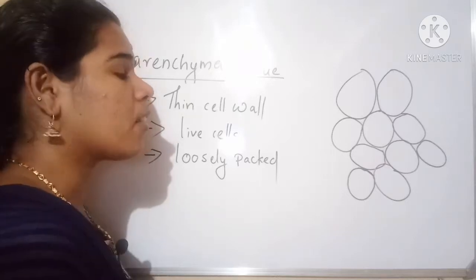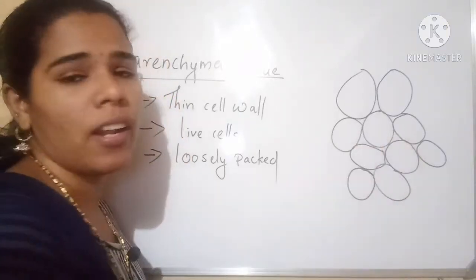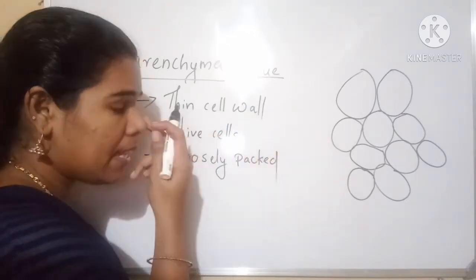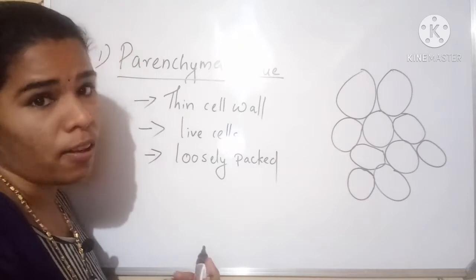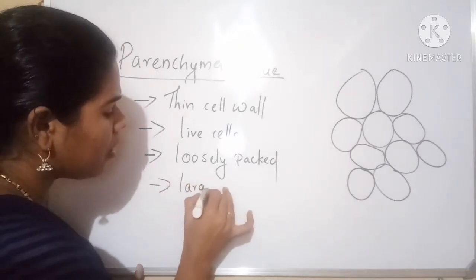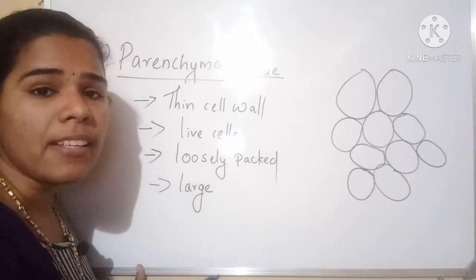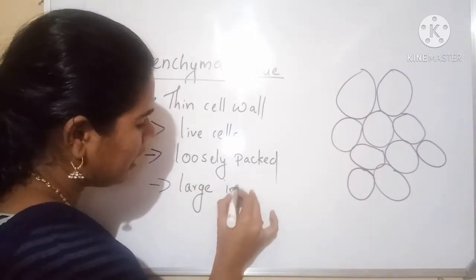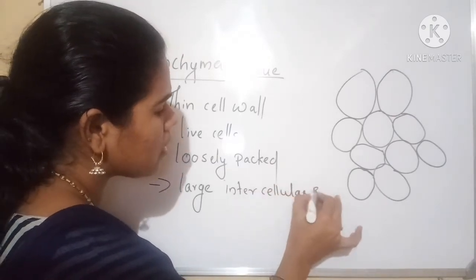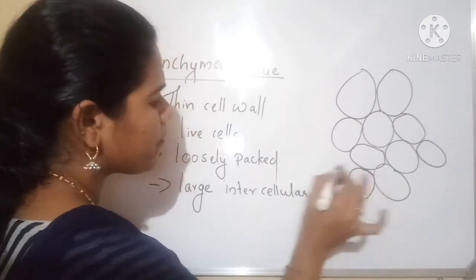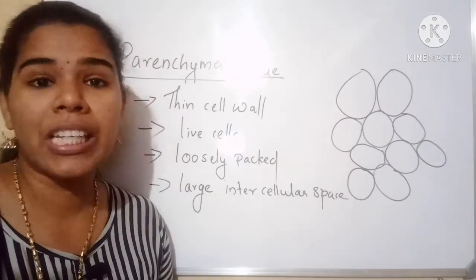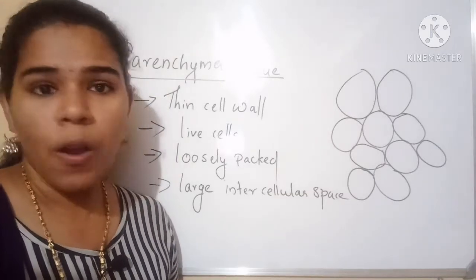The spaces are called intercellular spaces. So parenchymatous tissues have large intercellular spaces.